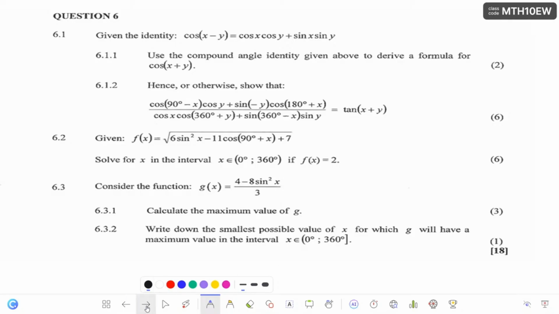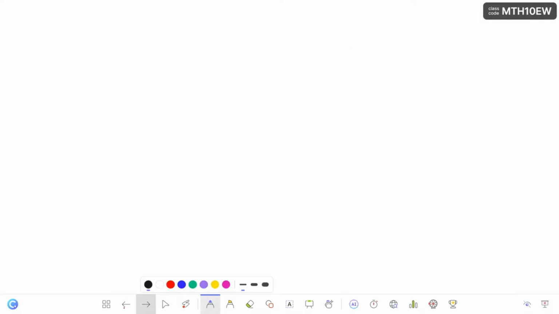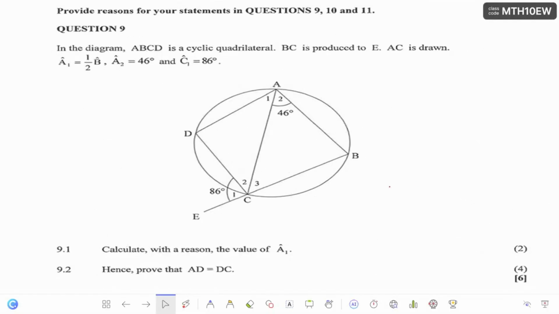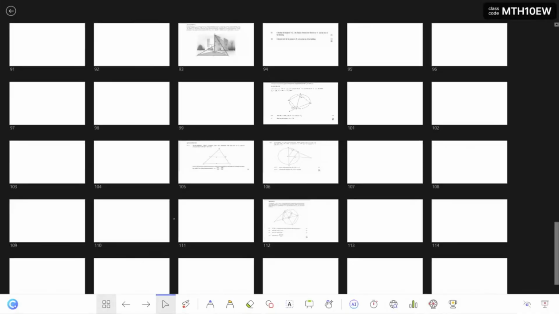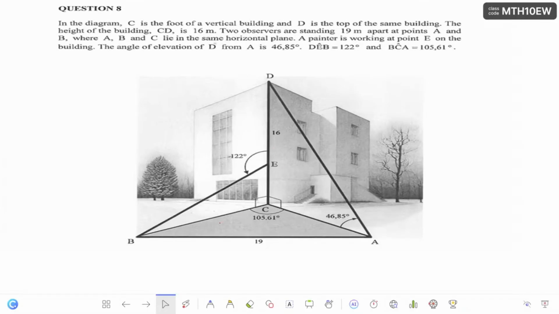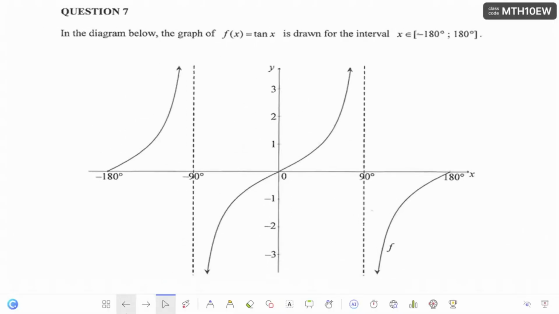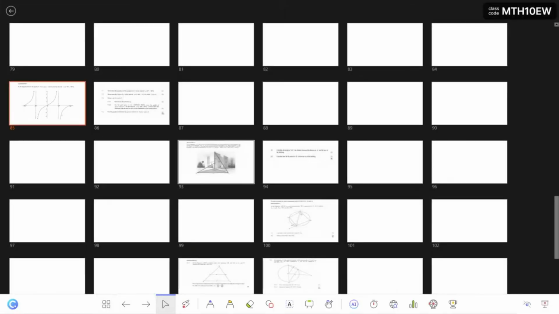So let me show you what we are going to do next. This question paper was long. I thought I was going to finish today, but I'm not going to finish. I think, wait, check if this is... no, we still have question 8. What about question 7? Yeah, we still have question 7, which is this one.